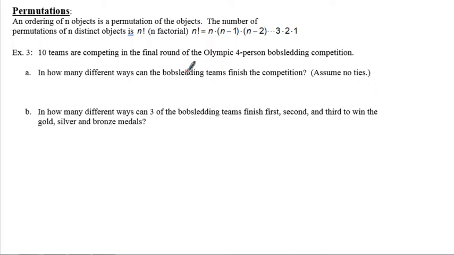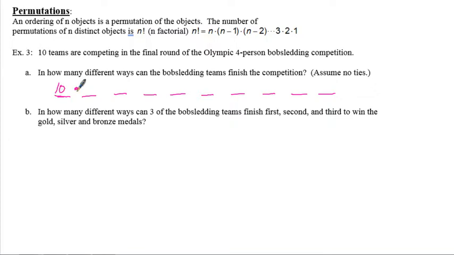So think about it this way. If you have 10 teams competing in a bobsledding competition, there are 10 different places. First place, second place, third place, fourth, fifth, sixth, seventh, eighth, ninth, and last place. How many different ways can they finish this race? Well, there are 10 teams that could possibly fill this.